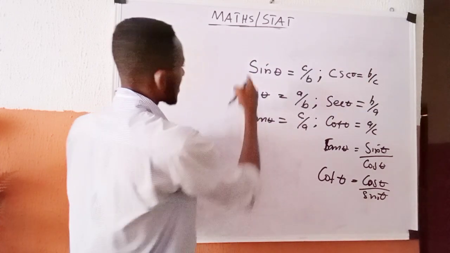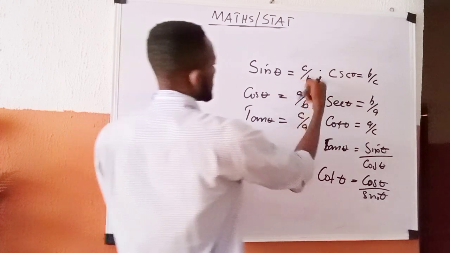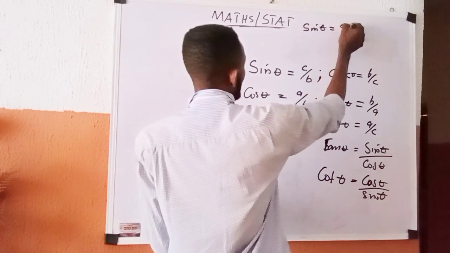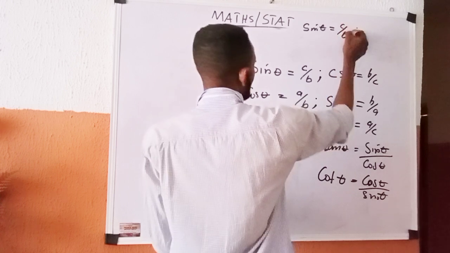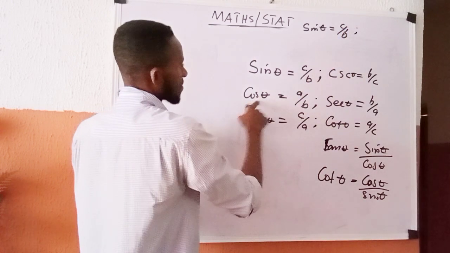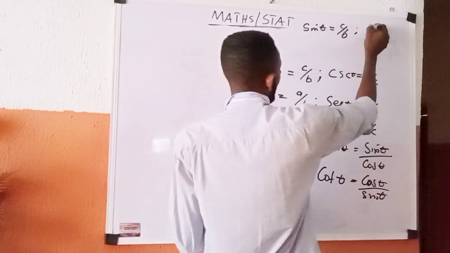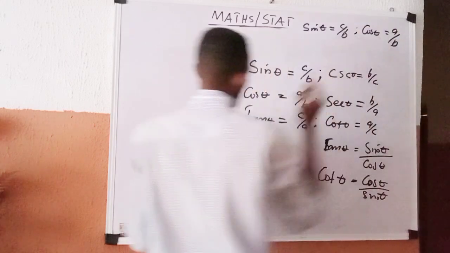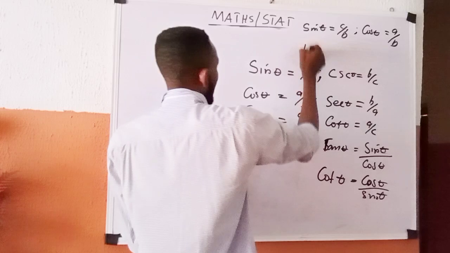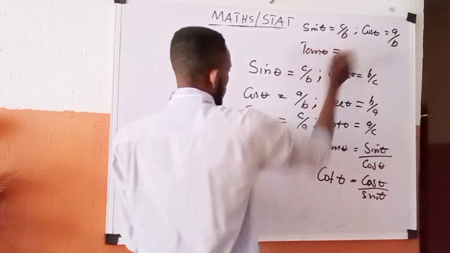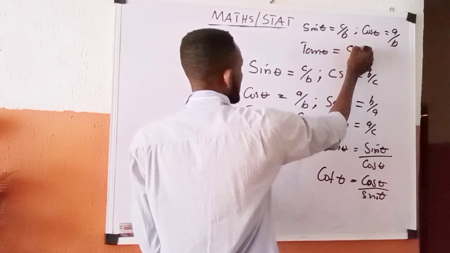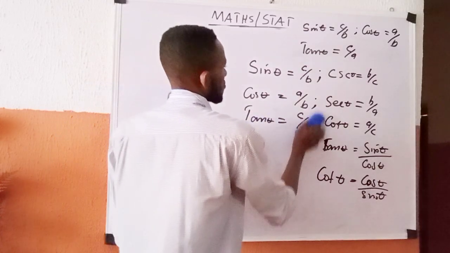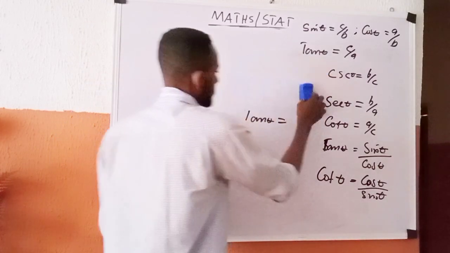What we have here is that sin theta is C over B, cos theta is A over B, and tan theta is C over A. So with that, I will clean this place so that we have a place to show this.